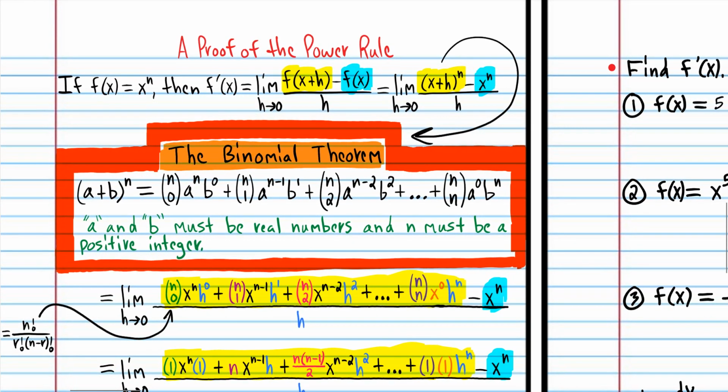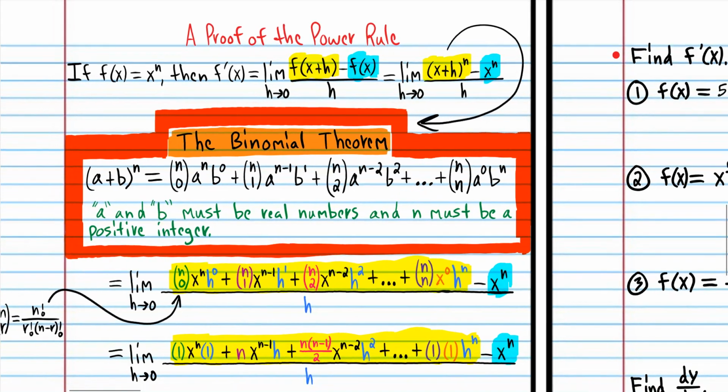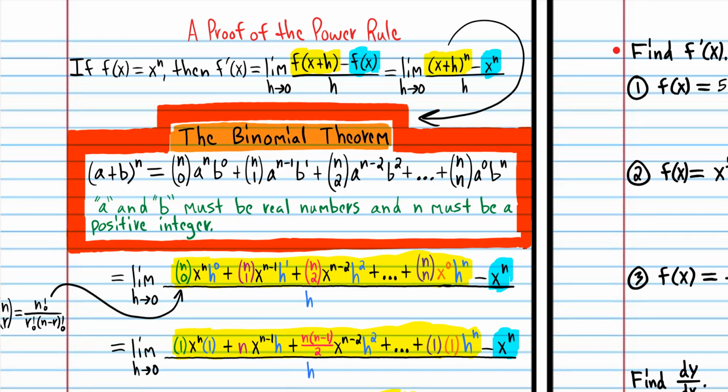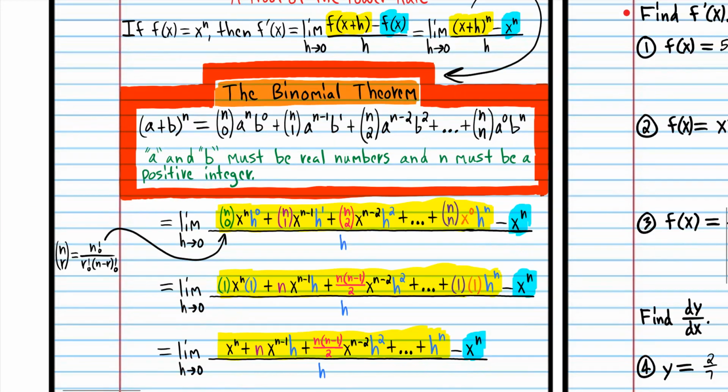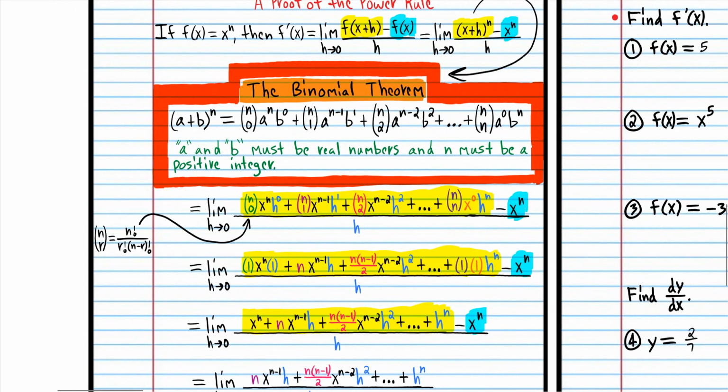But we have to expand that expression, and that's why we learned the binomial theorem in the previous course in my pre-calculus curriculum, and that's one of the reasons that Isaac Newton spent so much time studying the binomial theorem, is he wanted to come up with this derivative rule when he discovered calculus.